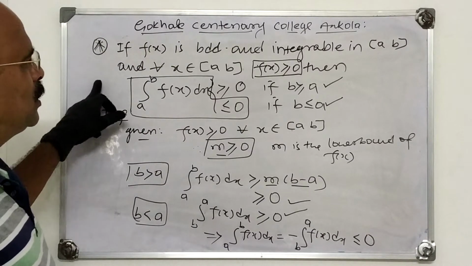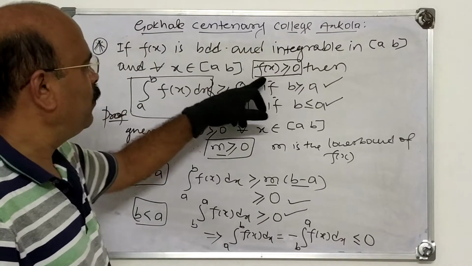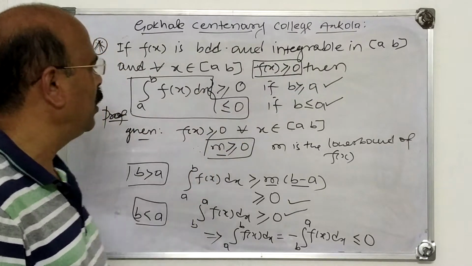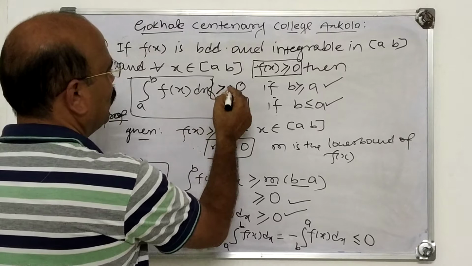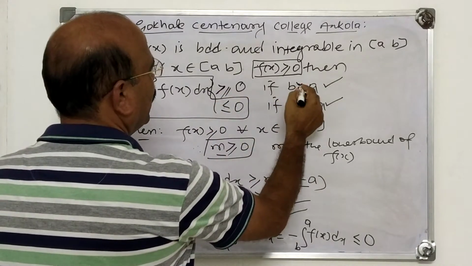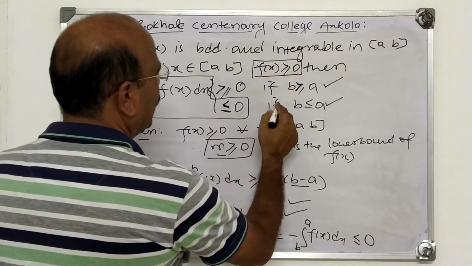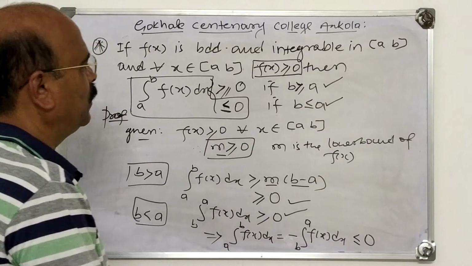So this result is quite simple. It is, if f(x) is greater than or equal to 0, bounded and integrable, then the integral from a to b of f(x) dx is greater than or equal to 0 if b is greater than or equal to a, less than or equal to 0 if b is less than or equal to a.